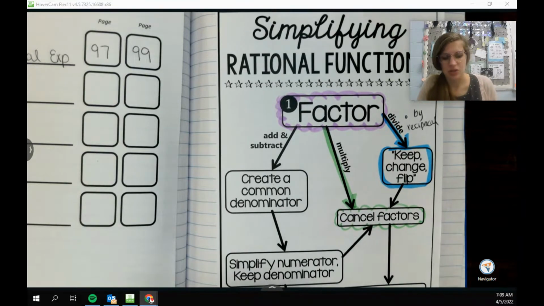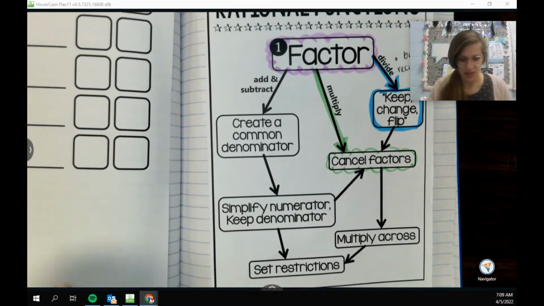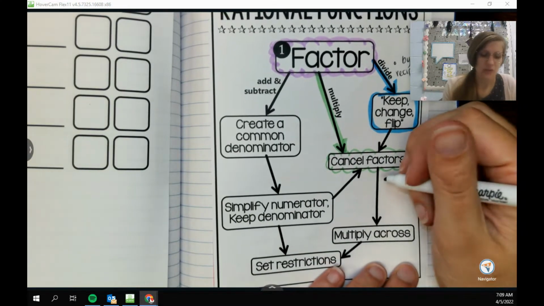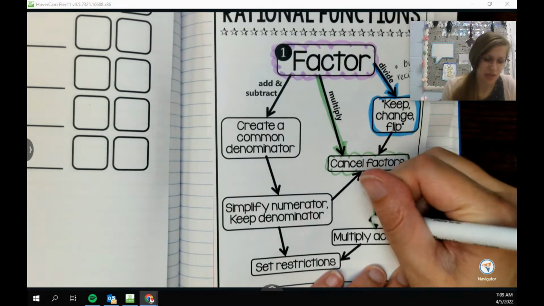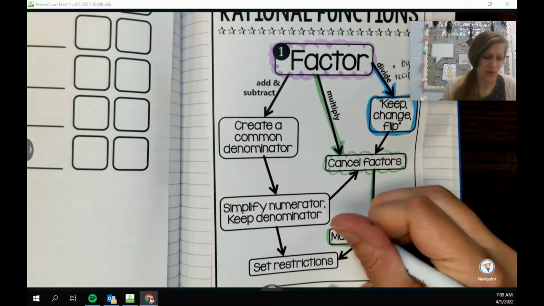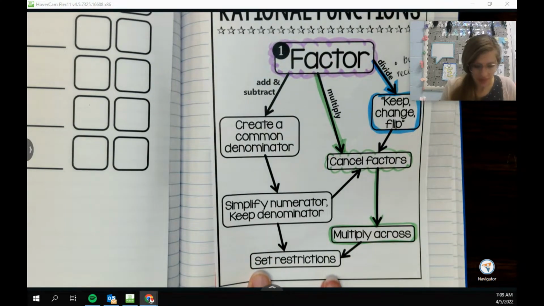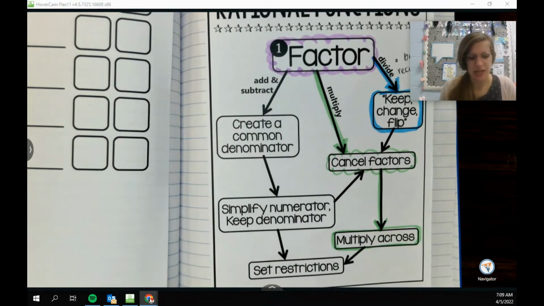Okay, and then we can just start canceling factors. Now, after we cancel our factors, then we just multiply straight across. And we want to hope, again, that there are no more common factors to divide out. And then we always set our restrictions at the end. So that's when we say, okay, x cannot be this.